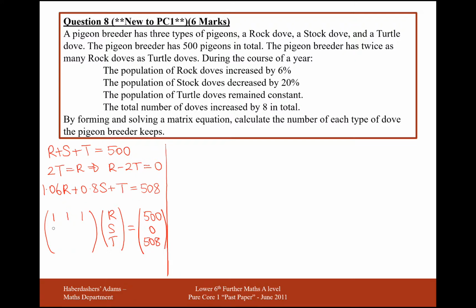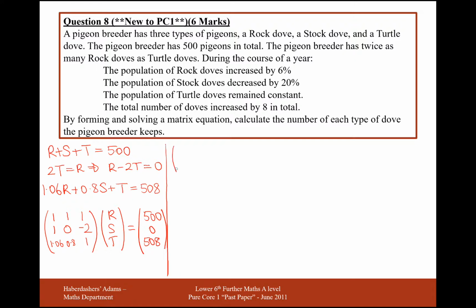For the second one here, it's going to be 1r, 0 for the s's, and minus 2 for the t's. And then for the r, s and t on the percentage change one, 1.06, 0.8 for the s, and 1 for the t.